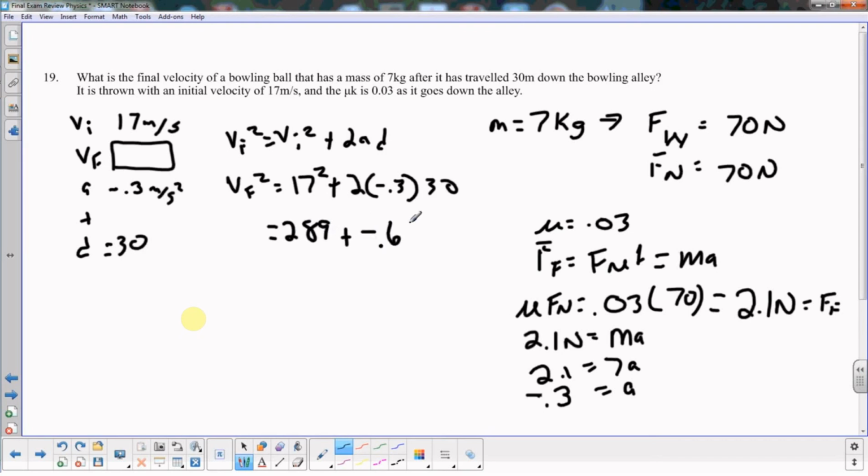What's negative 0.6 times 30? Negative 18. So 289 minus 18.